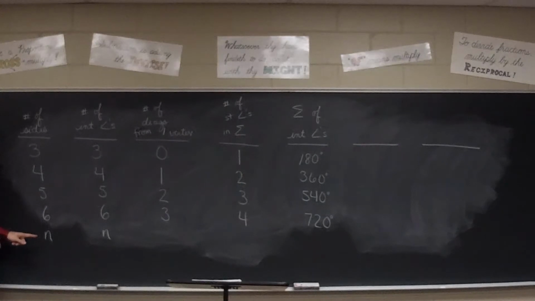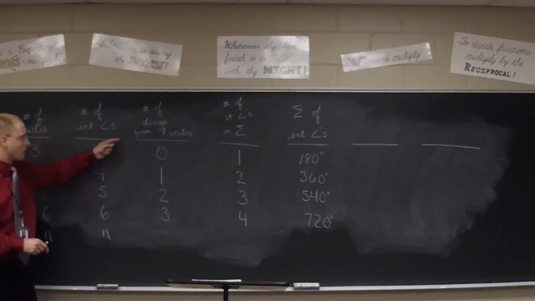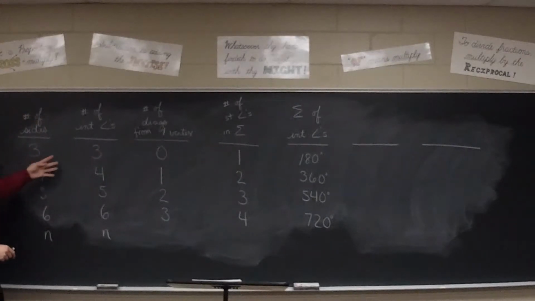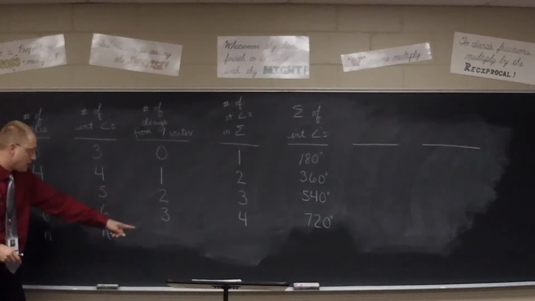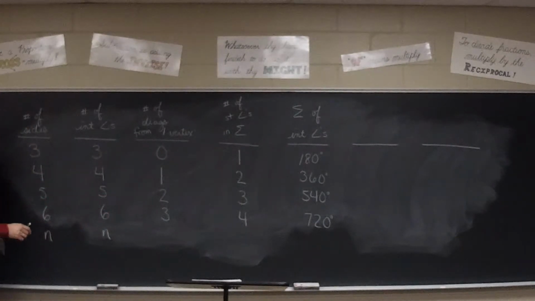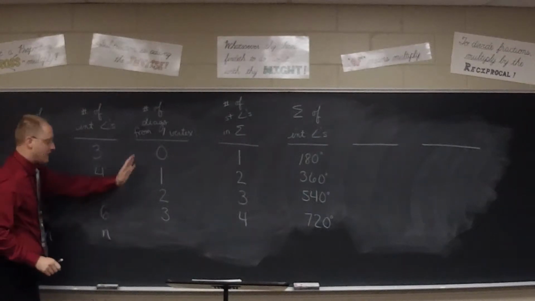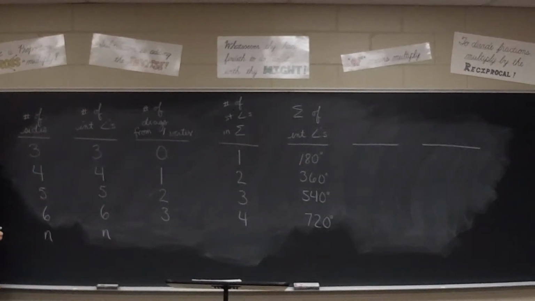Notice, 3 sides, 3 angles, 0 diagonals. 4, 4, 1, 5, 5, 2, 6, 6, 3. What's the progression here? To go from the number of sides or angles to the number of diagonals, what do we have to do?